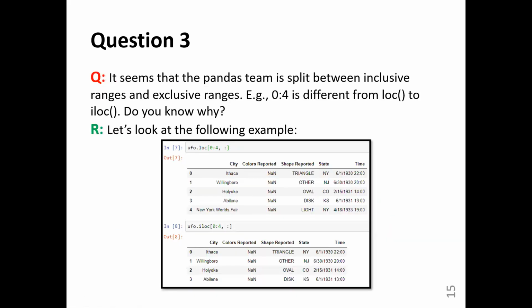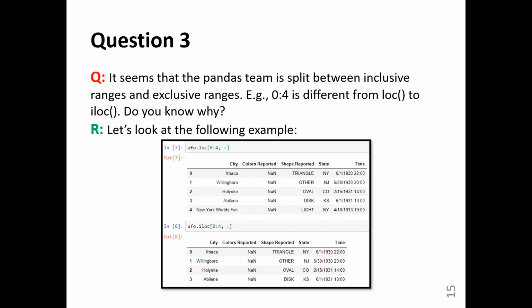The next question that we have for you: pandas doesn't have the same standard when it comes to using iloc and loc. For iloc, it is something like what we have in Python, inclusive on the left side and exclusive on the right side.